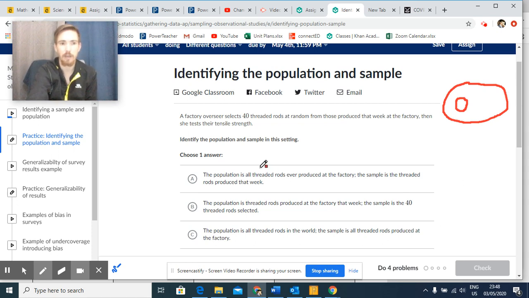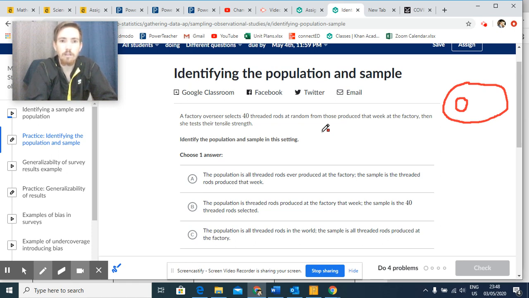Here's an example from Khan Academy. A factory overseer selects 40 threaded rods at random from those produced that week at the factory. Then she tests their tensile strength. So we're talking about threaded rods here. We have a population of threaded rods, and we also have a sample of threaded rods.